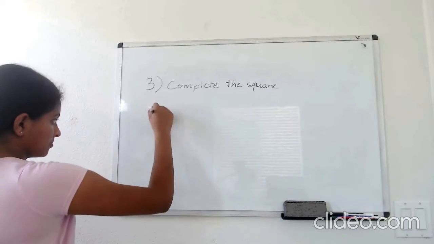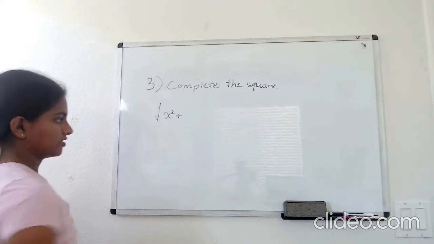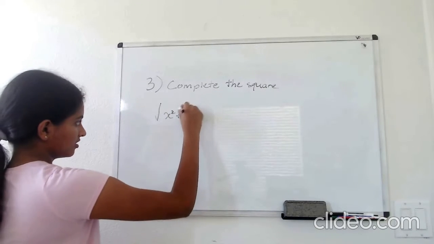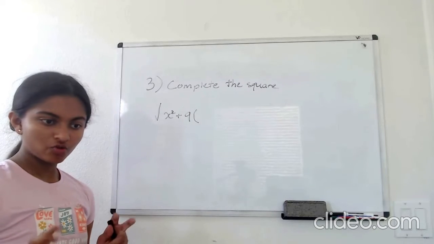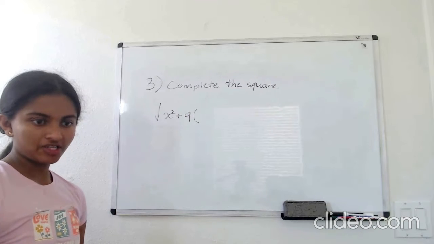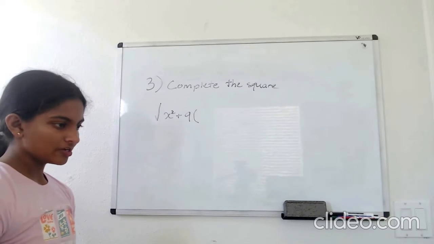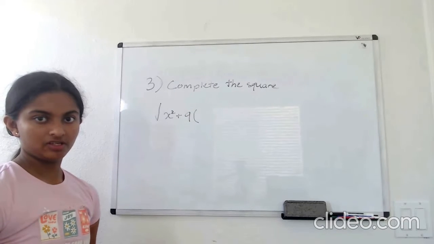Okay, as I said in one of my earlier videos when I was explaining completing the square, the objective of completing the square is to come up with a perfect square trinomial so that you can find the vertex of a parabola or even the solutions. There are a lot of things you can do with completing the square.